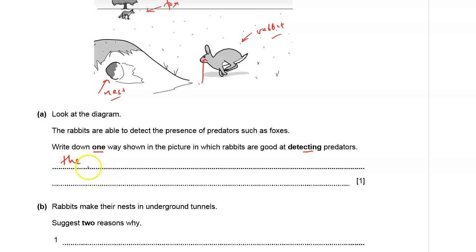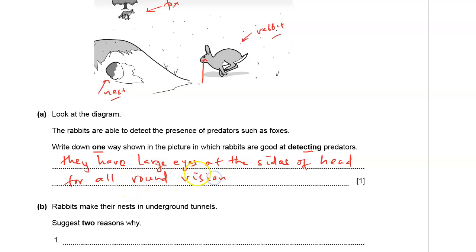So they have large eyes at the sides of the head for all-round vision, to have a 360 degrees vision.